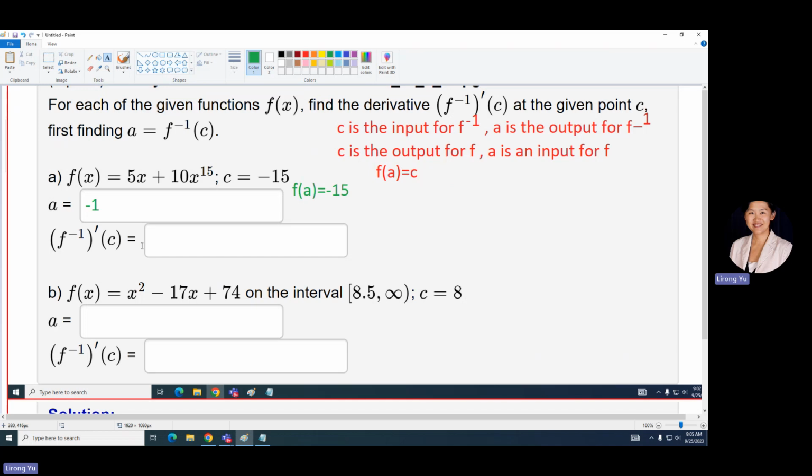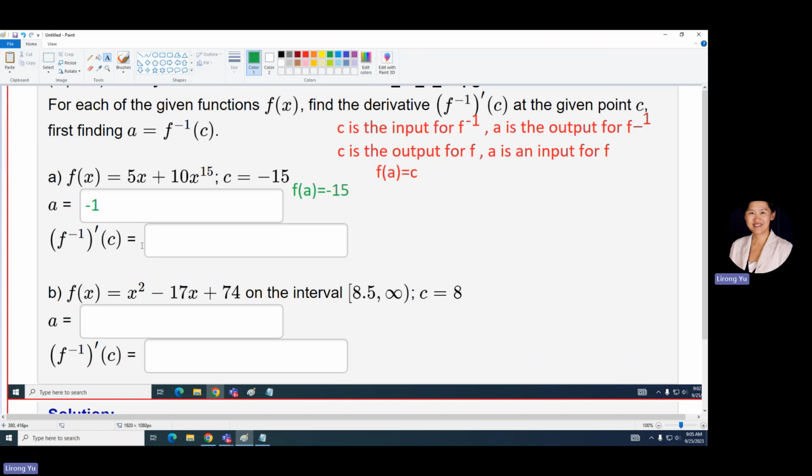For the second question, we already know that we're trying to find a derivative value, but it's not the derivative of the original function, it's the derivative of the inverse. Since I don't have a formula for the derivative of the inverse, I could try to find the inverse, but that's really difficult since it's a power 15 polynomial.